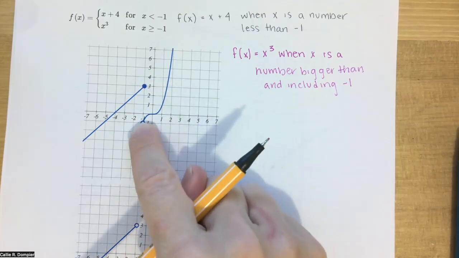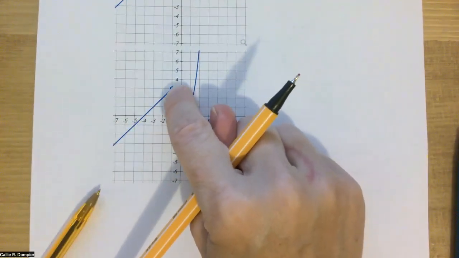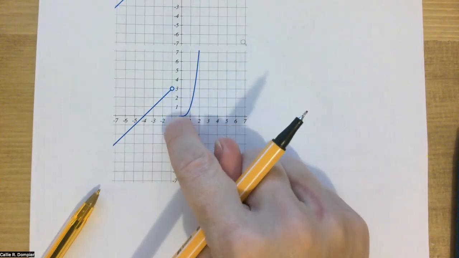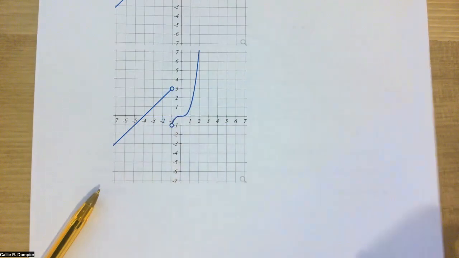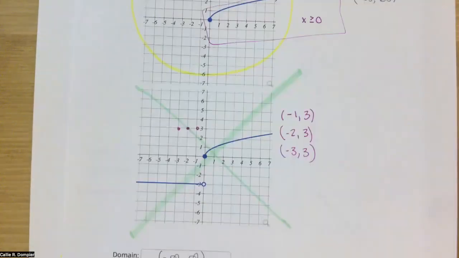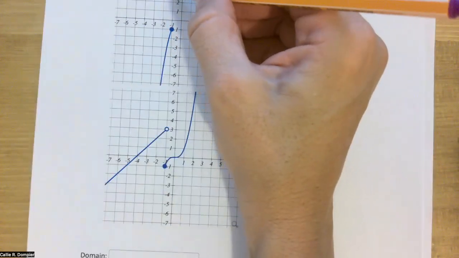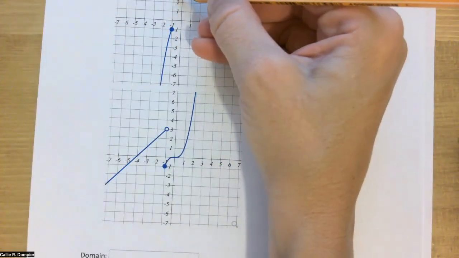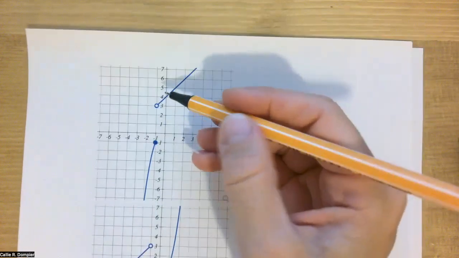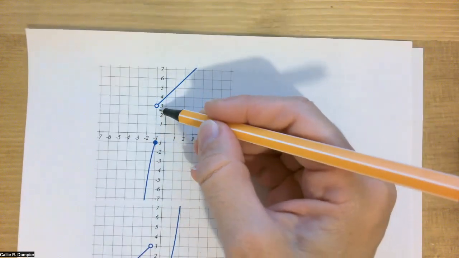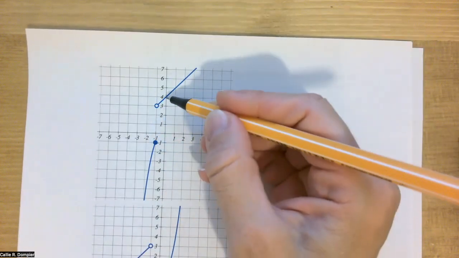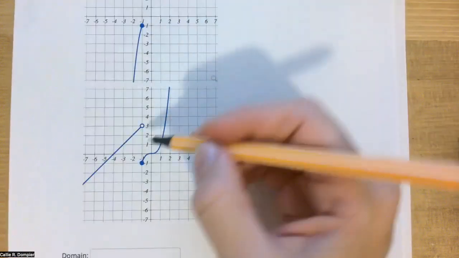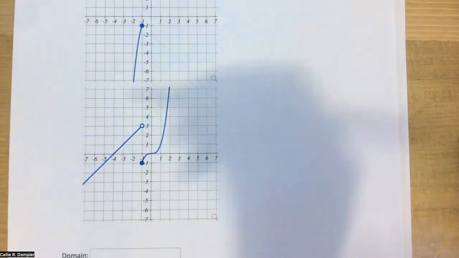Okay, it's going to jump. See how this graph jumps? Right at negative 1, it's going to jump from x plus 4 to x cubed.